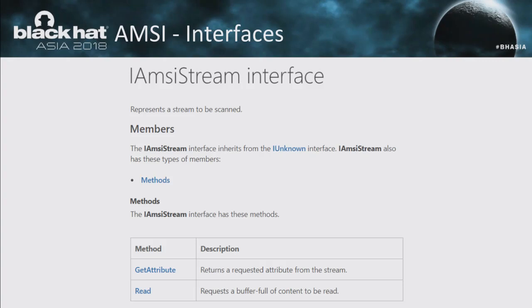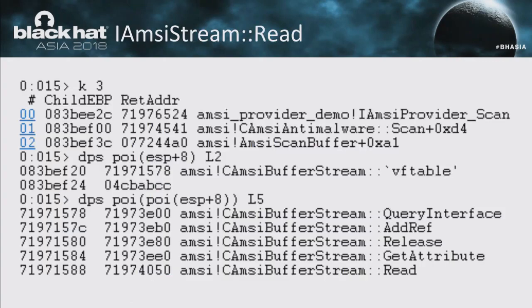Now this object has a read function, and theoretically we're supposed to use this read function in order to read the content from the buffer that was requested to be scanned. So when I tried to implement my own provider to kind of learn how this works, I was trying to use the read function and it kept failing again and again.